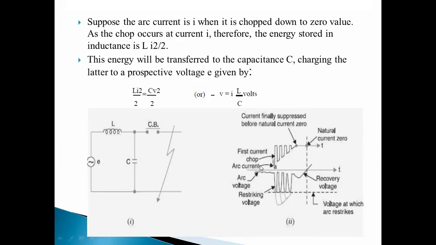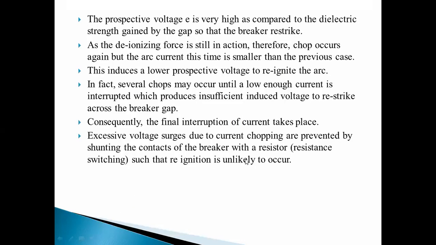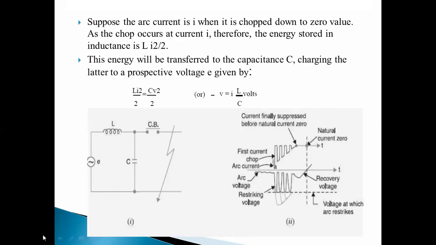Now you can see here whatever I told you. This is the natural current zero. Here the natural current zero is there, but what is occurring here?